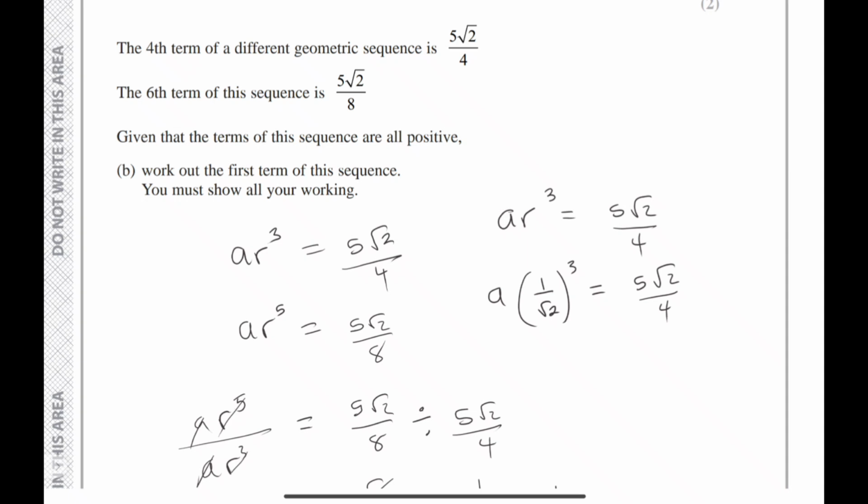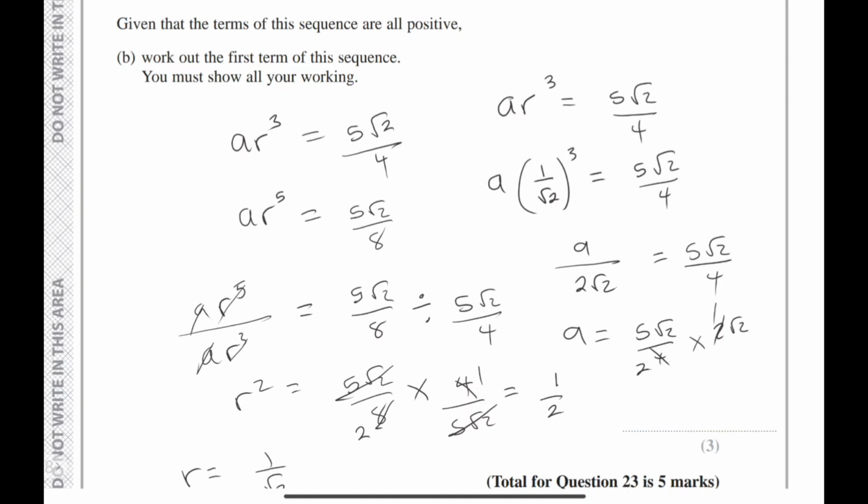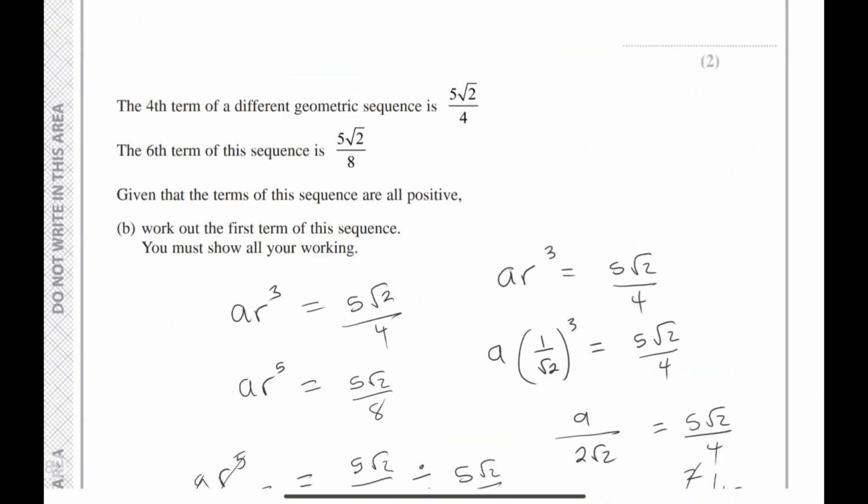So that would be a over the cube of the square root of 2, which is 2 root 2, equal to 5 root 2 over 4. Multiplying both sides by 2 root 2, a would be 5 root 2 over 4 times 2 root 2, 2 here 1, 2 here 2. Root 2 cancels root 2, we have 2, and 2 cancels 2, we have 5. So that means the first term is 5. I hope that makes sense.